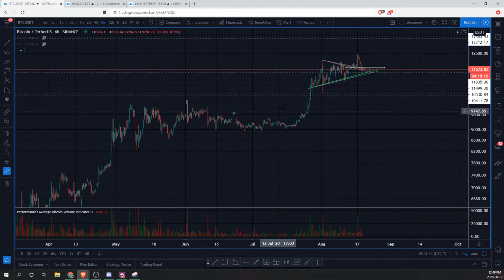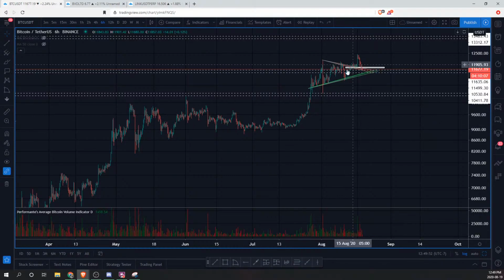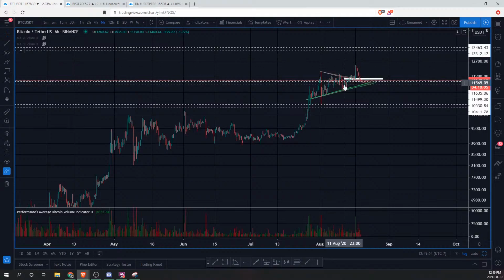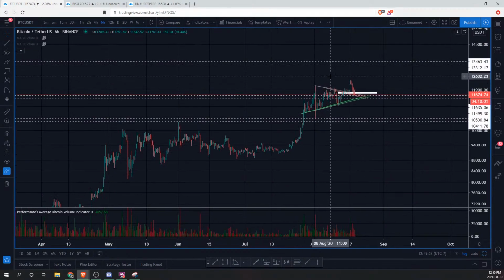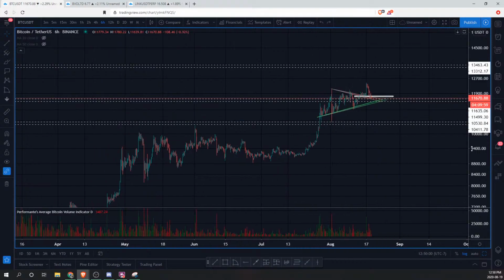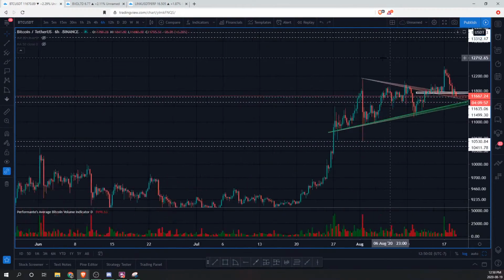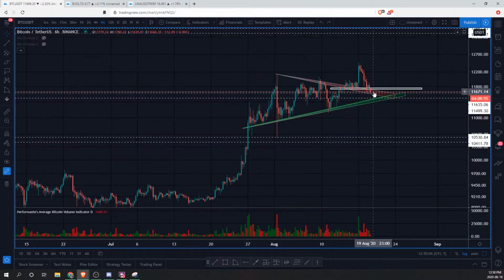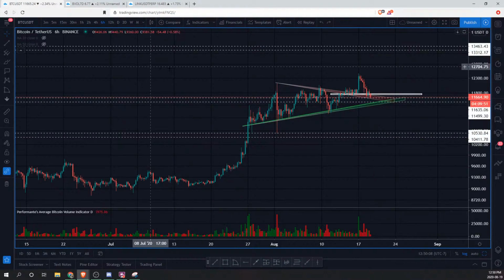So after this long drawn out time of lower volatility, contraction in volatility, we're going to get an expansion phase, and this is the first price action pattern within the move to the upside in the expansion in volatility. So my overall direction is still going to be bullish, and I think it's going to be holding that 11.6, 11.5K zone for BTC.